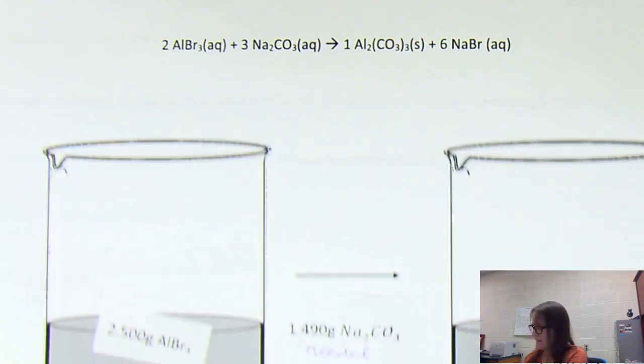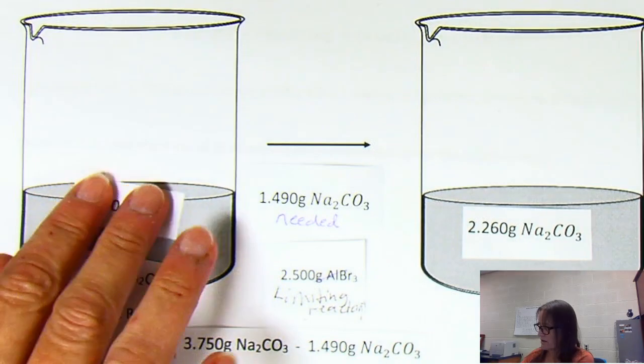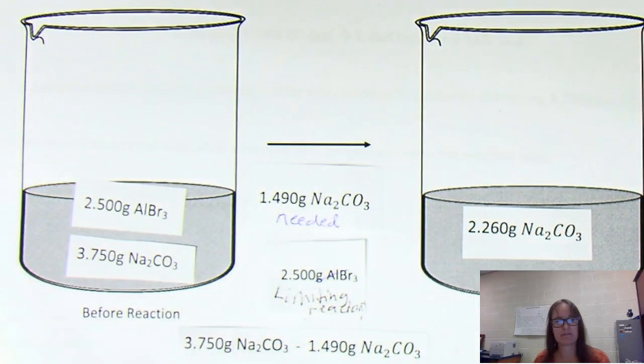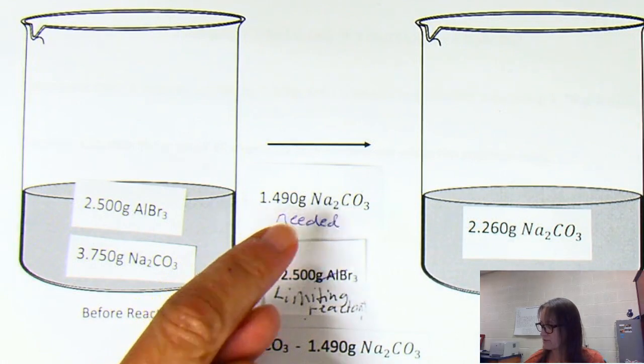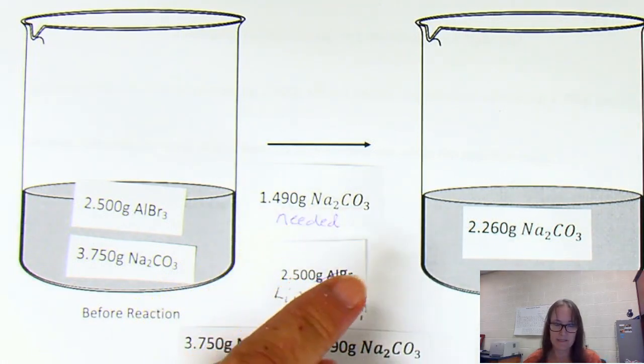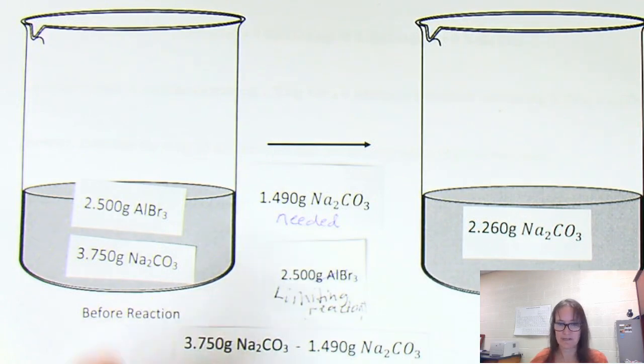So to look back at our container, our initial container has the 2.500 grams of aluminum bromide and the 3.750 grams of sodium carbonate, and they are dissolved in water. Based on our calculations, we figured out that 1.490 grams of sodium carbonate is needed, and we had 3.750 grams of sodium carbonate.